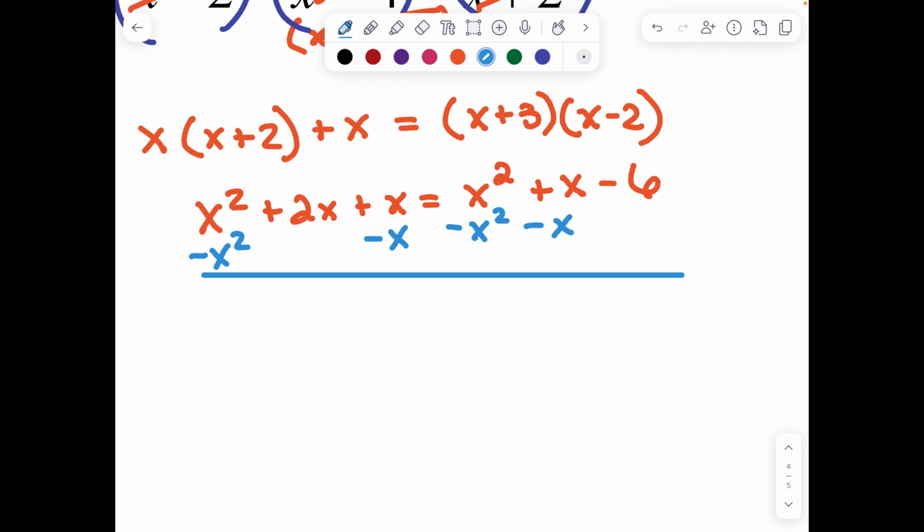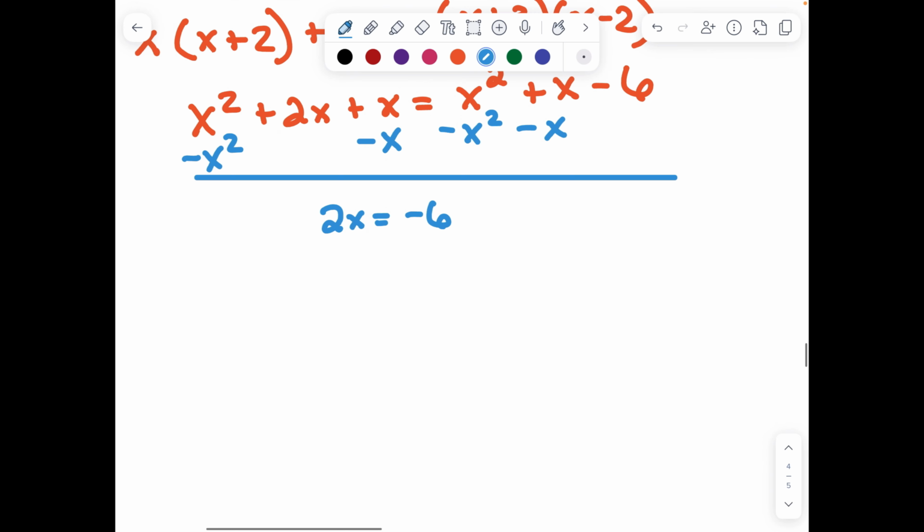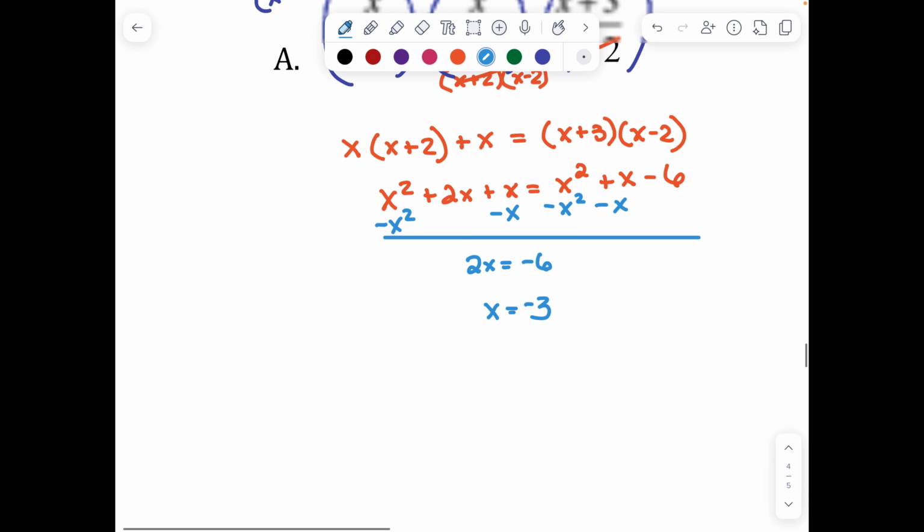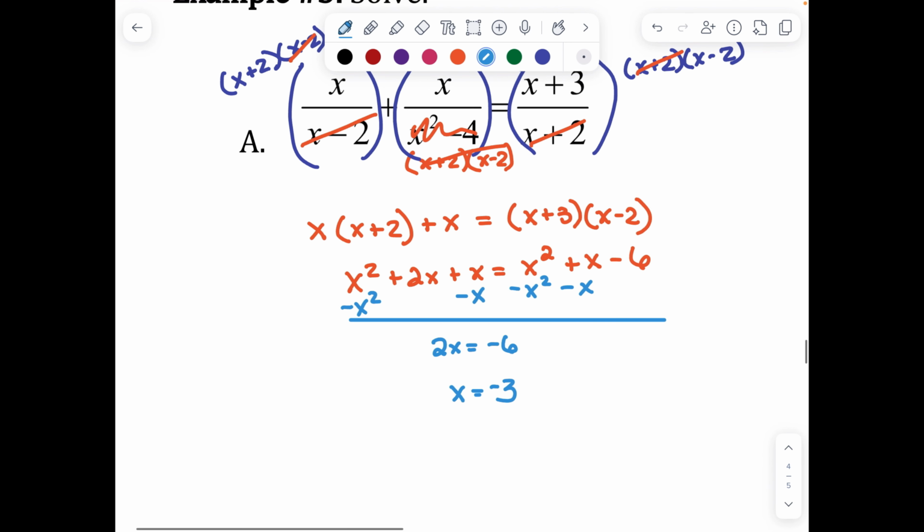I'm just left with 2x equals negative 6. We divide by 2, so x equals negative 3. And before I can say for certain that this is my solution, I need to check, is negative 3 an extraneous solution? And no, our excluded values would be 2 and negative 2. So x equals negative 3 is our solution.